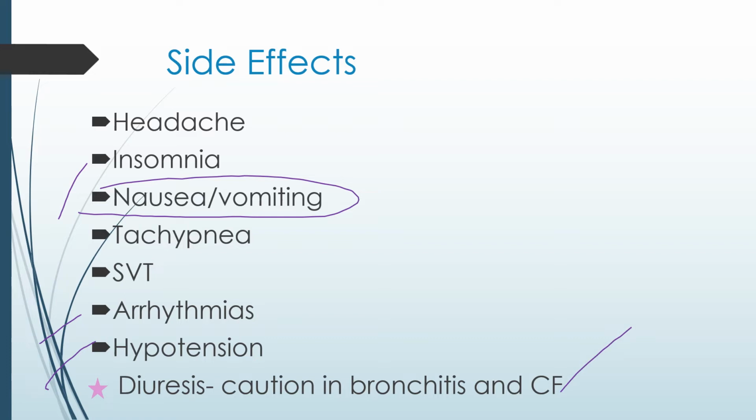And dehydration would be a very significant thing in bronchitis, cystic fibrosis, any type of bronchiectasis, because those secretions are thick and sticky, and if we dehydrate that patient, their potential for mucus plugging and work of breathing is just so incredibly high. So you do have to watch their fluid regulation as well.